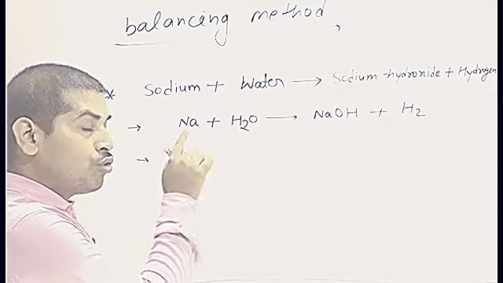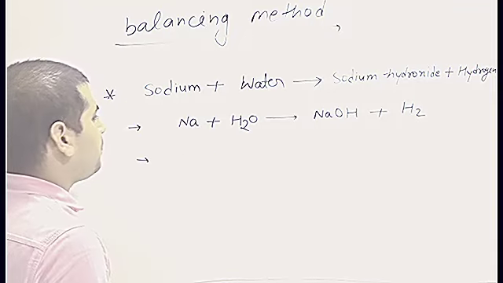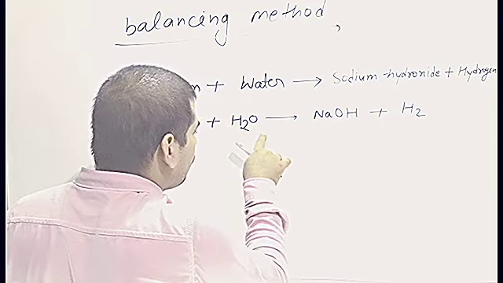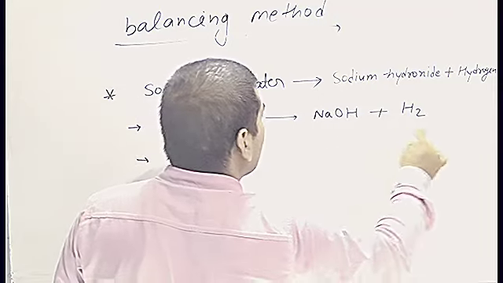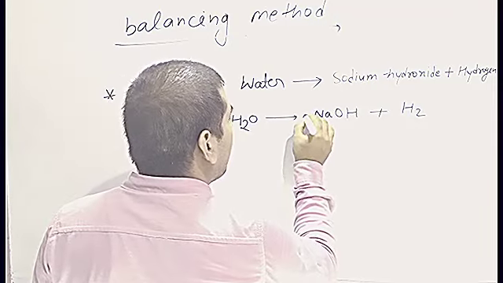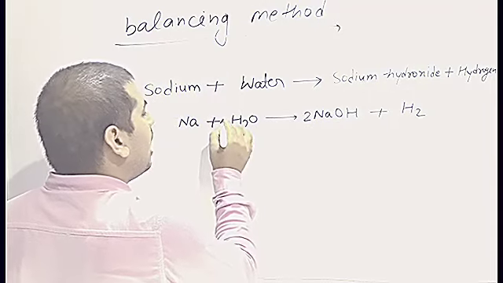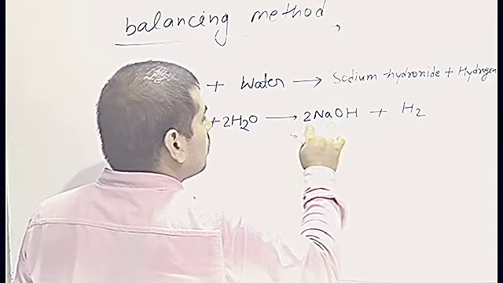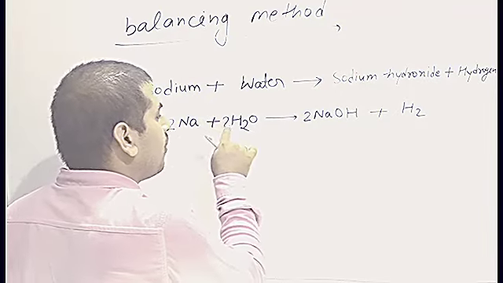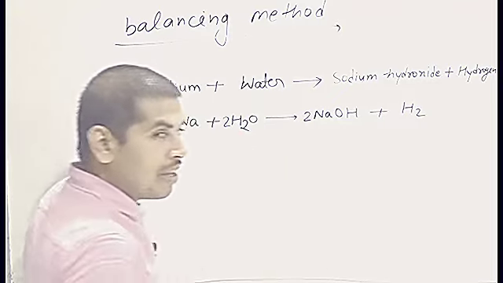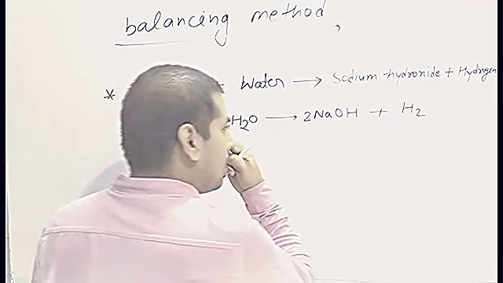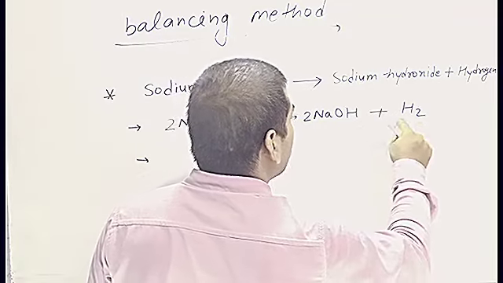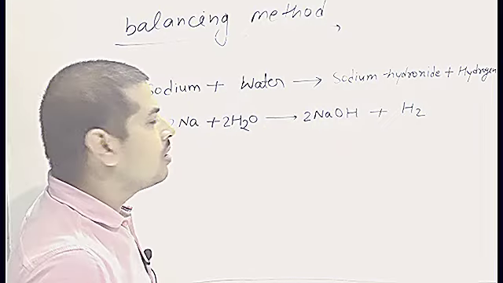Second step, we have to balance this equation. So here the total number of hydrogen is 2 and here 3, means we have to multiply by 2 over here and 2 over here. Now the number of sodium atoms and oxygen atoms become equal on both sides, and also the number of hydrogen atoms, 2 into 2 is 4, and here 2 plus 2 means 4, also equal.